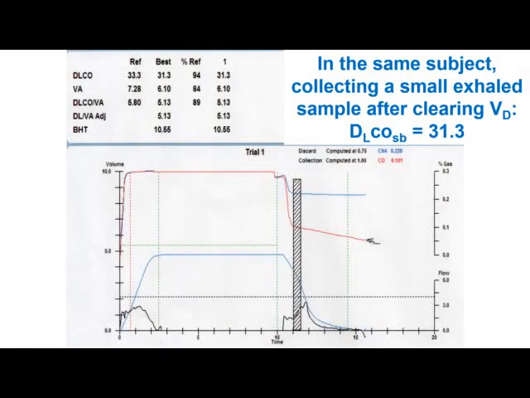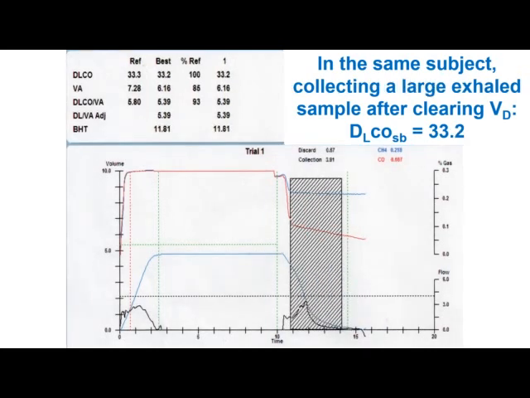And here's an example. This is a patient we did a single breath diffusing capacity on, and you can see a very small sample was collected here, and this was the diffusing capacity that was calculated, 31.3. Now in the same patient, same maneuver, if we increase the amount of gas collected, we increase the diffusing capacity because diffusion is still occurring as we're collecting this extra amount of gas.